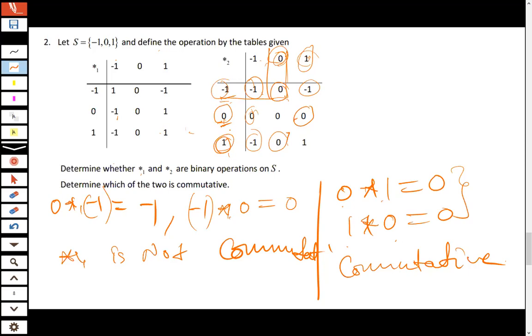Just pick any two numbers, but for you to be sure, try to test almost all the numbers in the table.